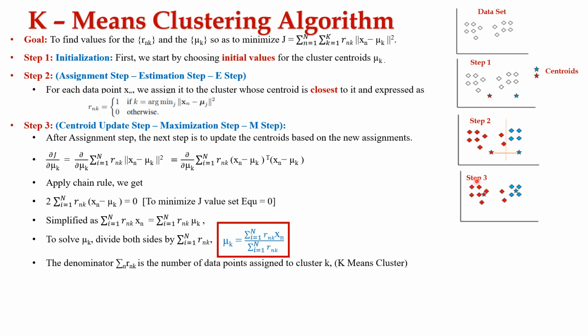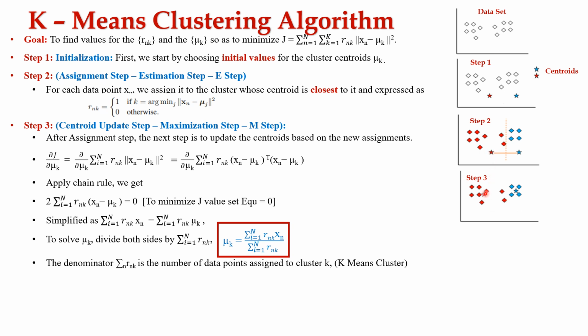From this diagram, we can notice that based on the previous assignments of the data points in cluster 1, now the cluster centroid 1 is being updated. That is, the red color star, it was earlier here in this diagram, but now it is being updated here.